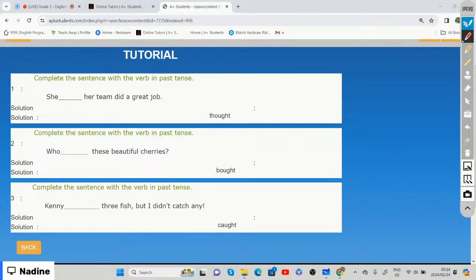So we would say that she thought her team did a great job, which means that the word thought is the past tense of think. So she thought. And the present tense of thought is think.